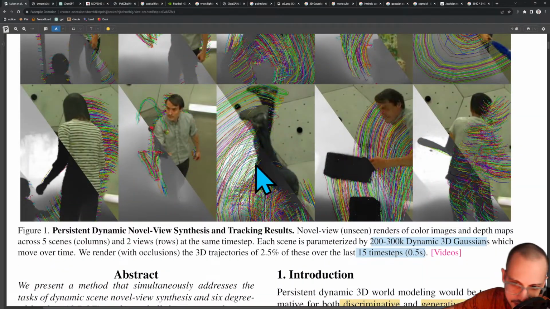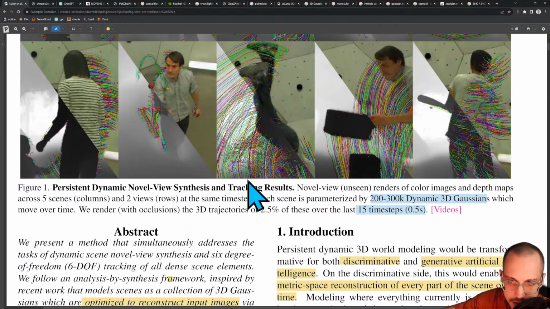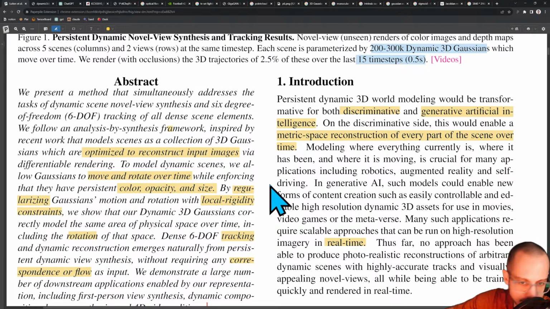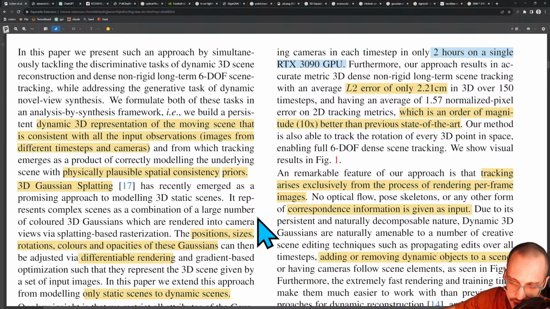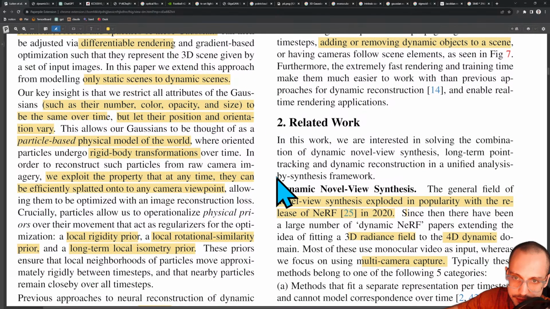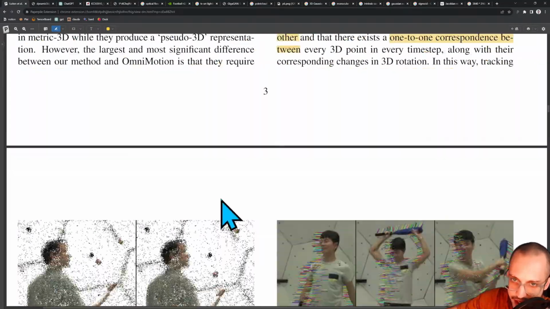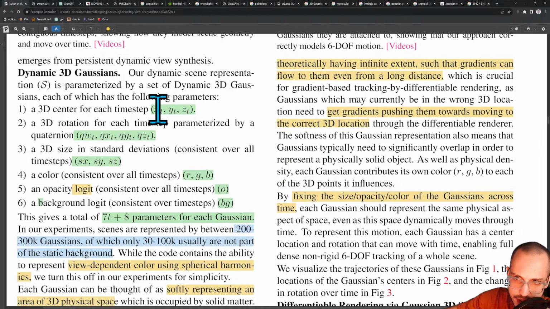This paper extends the 3D Gaussian splatting paper that came out last week that we read on this channel, if you're interested, which basically represents a scene as a bunch of 3D Gaussians. 3D Gaussians have a variety of properties. They have a position in space.